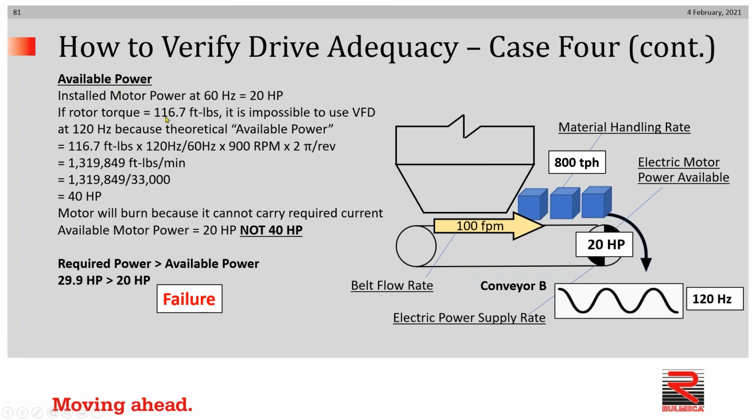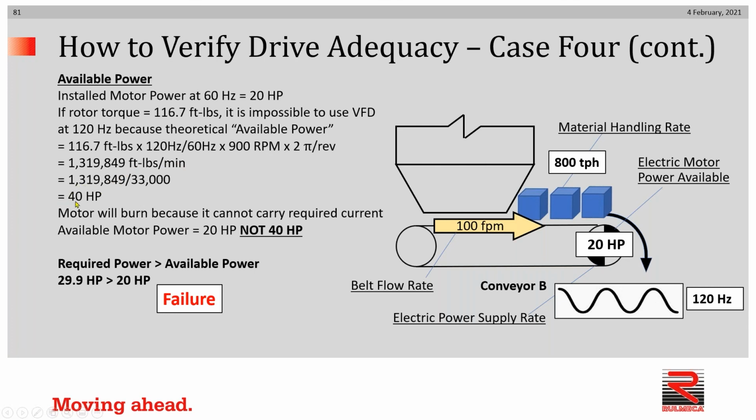If the rotor torque is 116.7 foot-pounds, and we attempt to increase the rotor RPM by changing the power supply frequency from 60 hertz to 120 hertz, we cannot get 1800 RPM because 116.7 foot-pounds of torque times the ratio of 120 divided by 60 times the RPM of 900 times 2 pi per rev tells us that this motor would provide 1.3 million foot-pounds per minute of power, which is impossible.